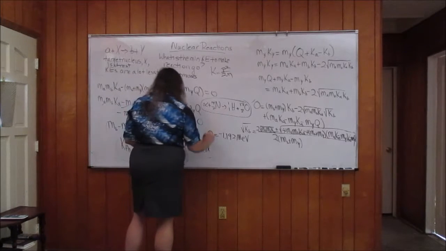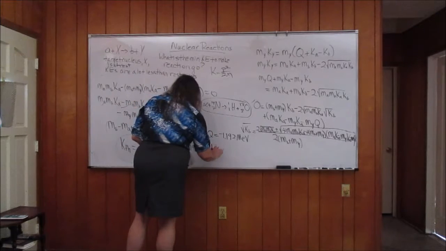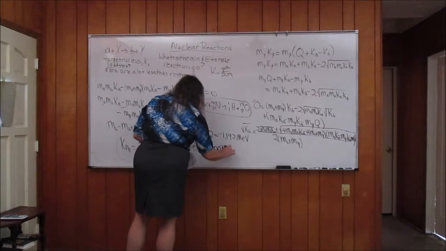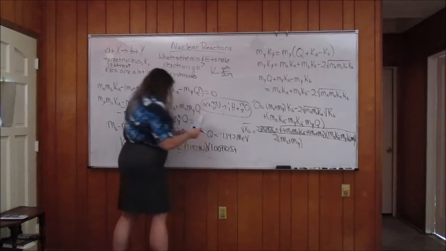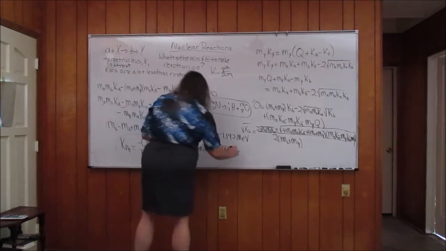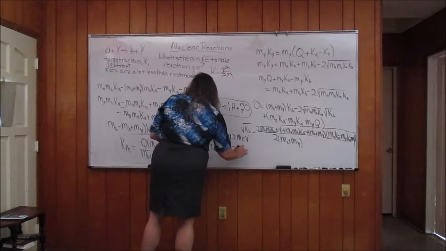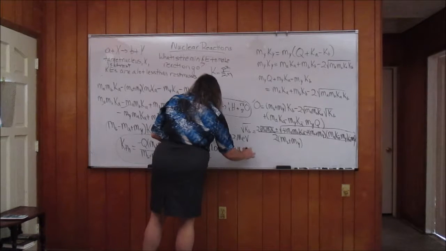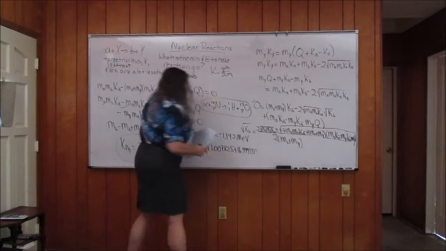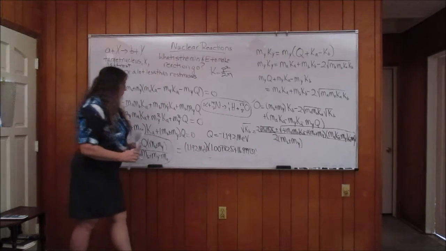So plugging in these numbers, in this case, the mass of hydrogen is going to be 1.007825. Mass of oxygen-17 is 16.999131.